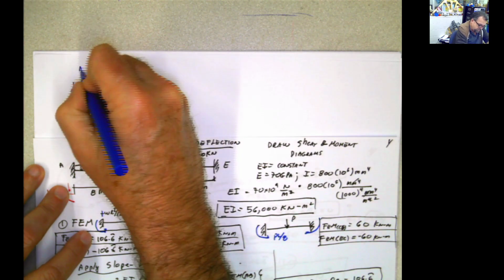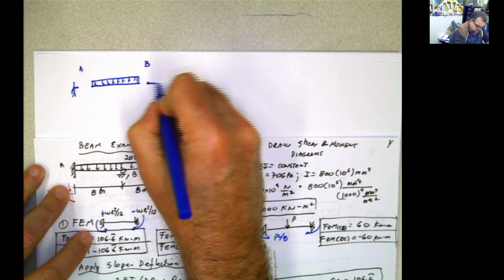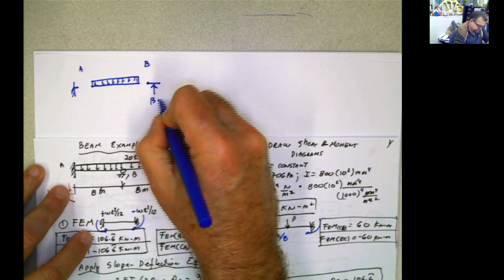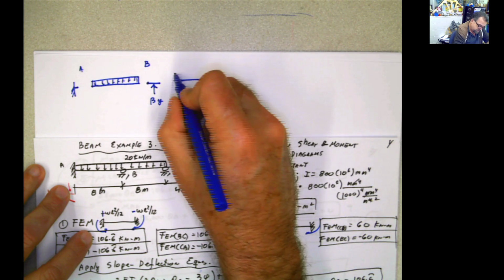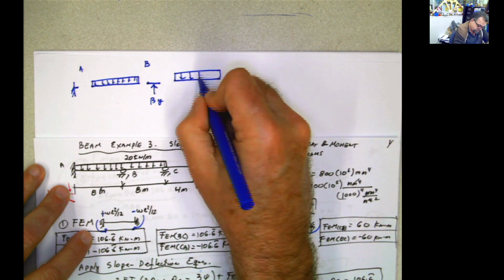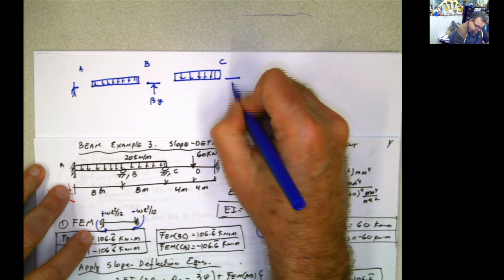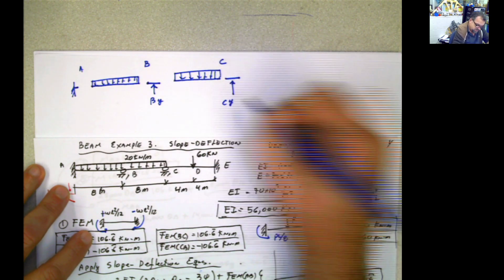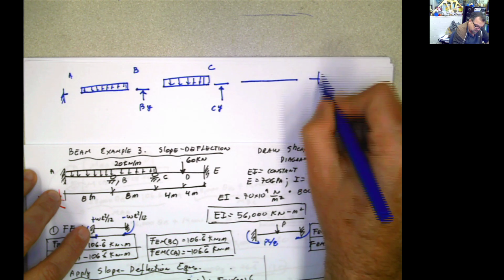This is A, this is B. Support B, I'm going to put it here. This is going to be BY, and then this is going to be C. Support C, CY.